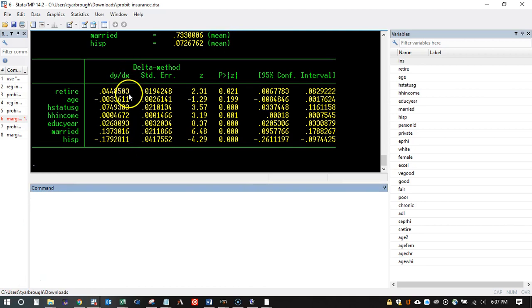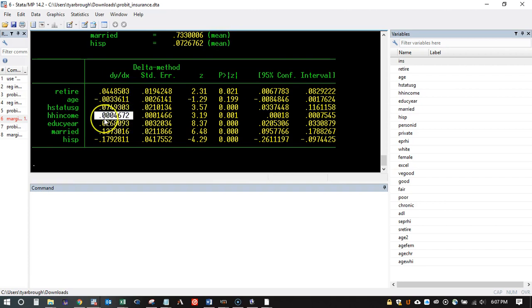Specifically, let's interpret some of these. What this says is that if someone is retired, they have around a 4% higher likelihood that they have health insurance, that they've purchased health insurance. Age is not statistically significant. If someone reports that they're in good health, they're about 7.4% or 7.5% more likely to have health insurance.